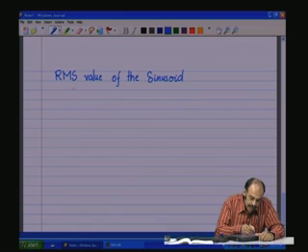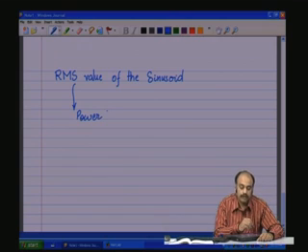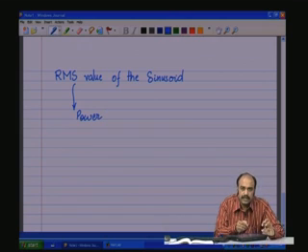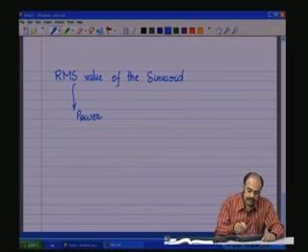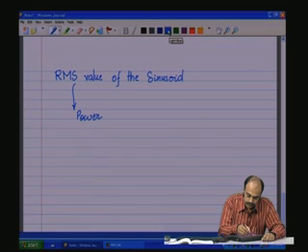This has a relation to the power. It is that value of the voltage or that value of the current which relates to the power, or which is the power generating or the power producing part. Therefore, let us first look at how the power waveform looks like.